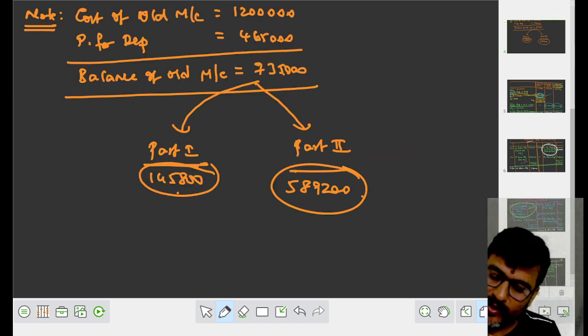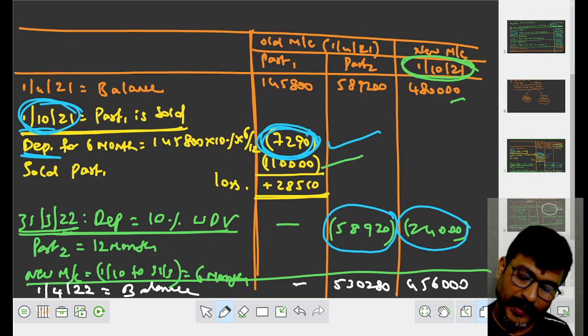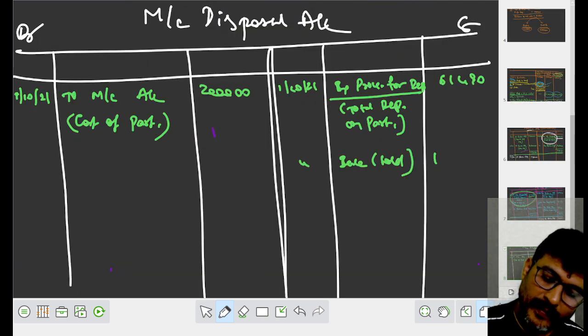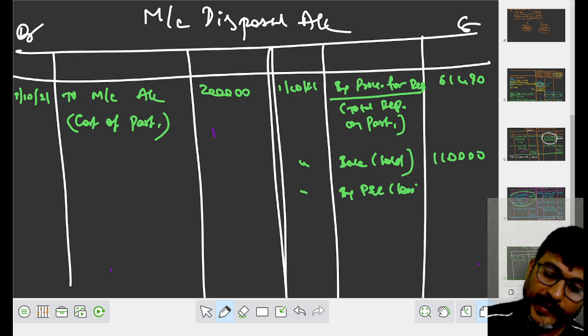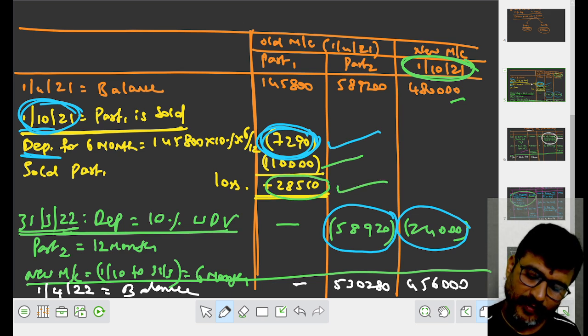See, the part 1 is sold for how much? 1,10,000. Then there is a loss, right? By P&L, loss. See how much loss? The loss is 28,510.